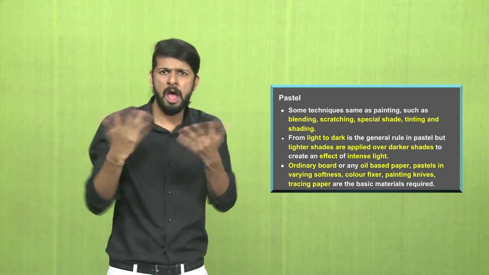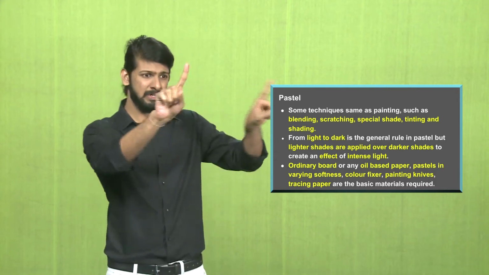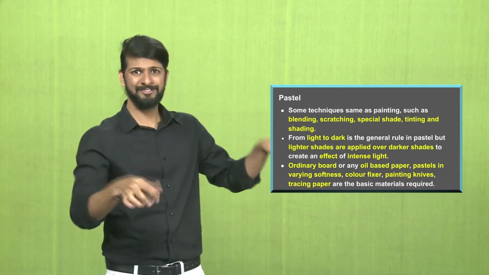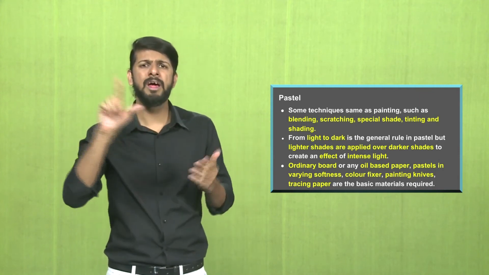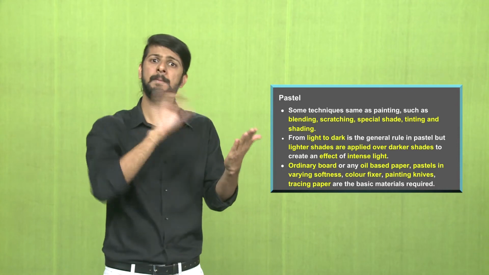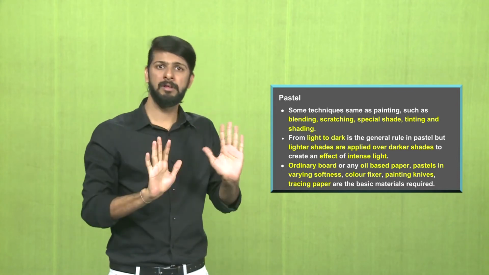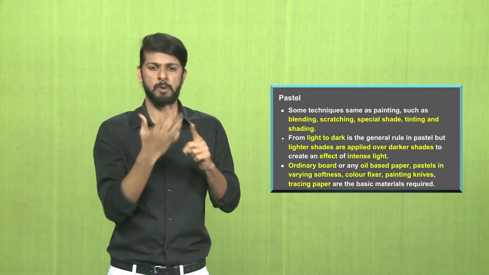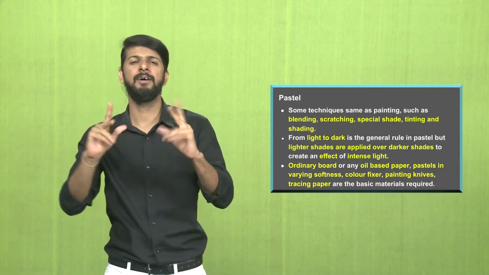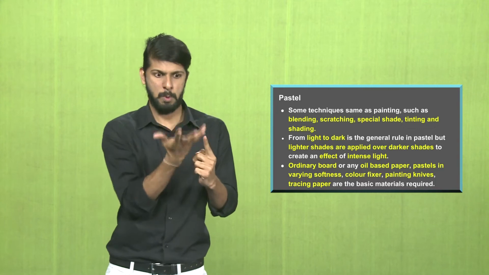The materials required for pastel work are an ordinary board or any oil based paper, which is a specific kind of paper used for pastel work. Then you have pastels in varying softness.